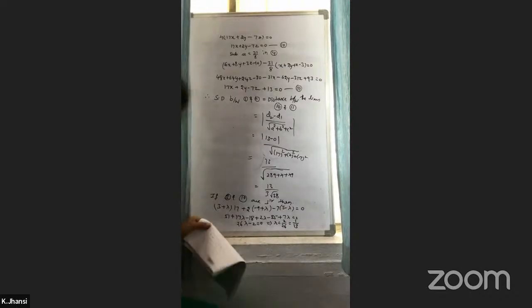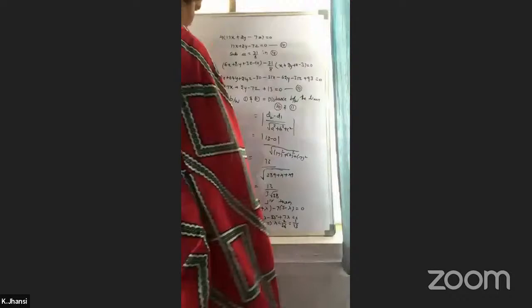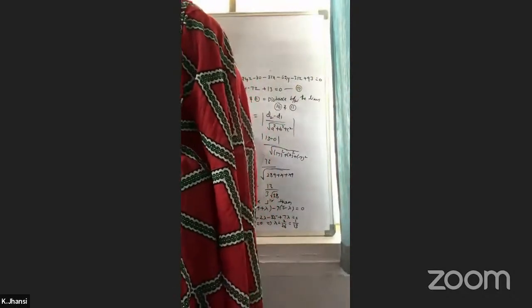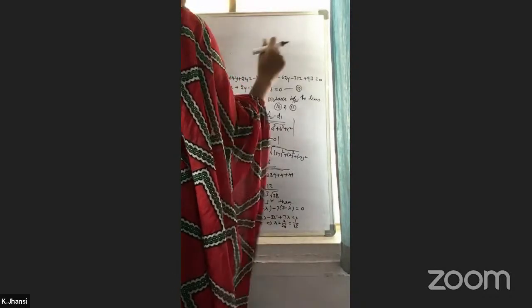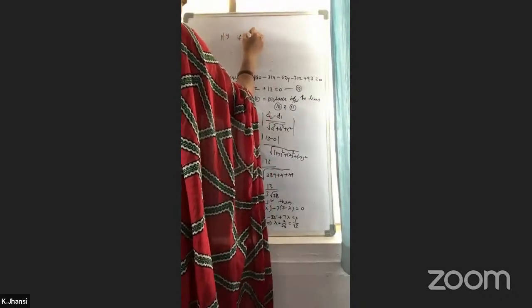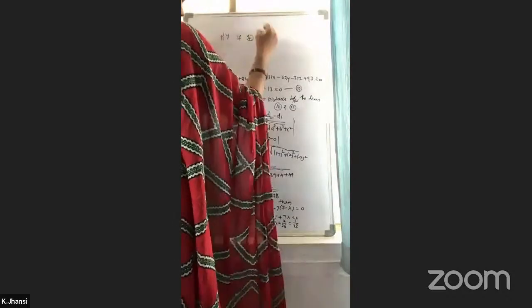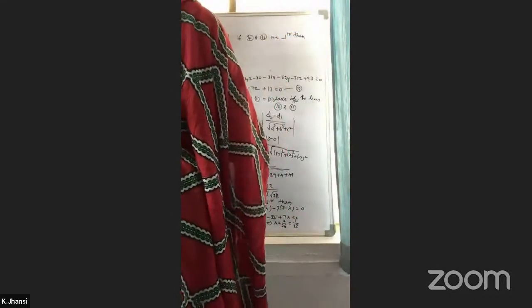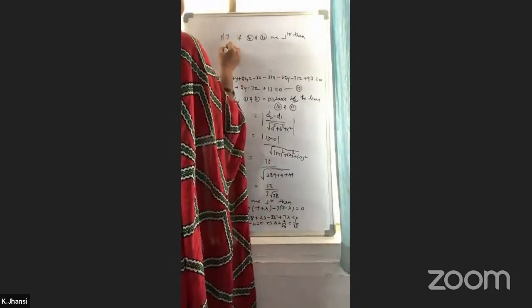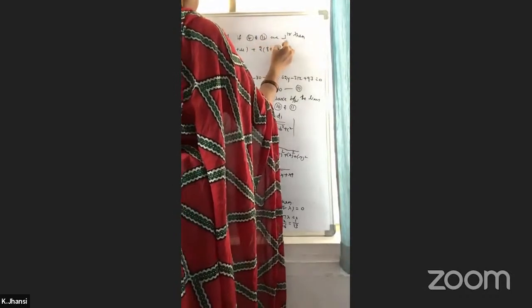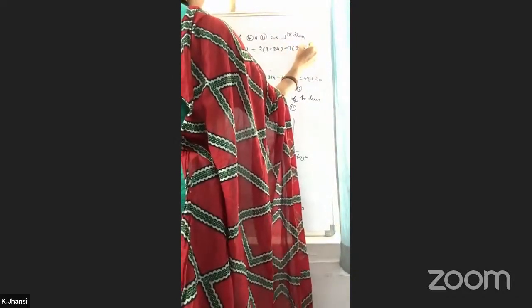Then if 4 and 11 are perpendicular, the coefficient of 4 means 6 plus mu, that is 17 into 6 plus mu plus 2 into 8 plus 2 mu minus 7 into 3 plus mu equals 0.